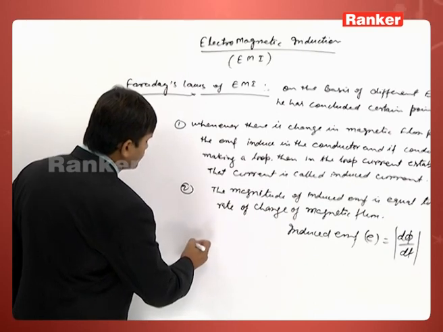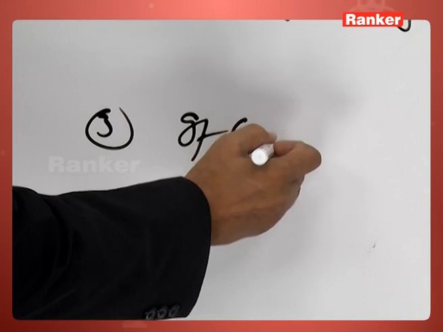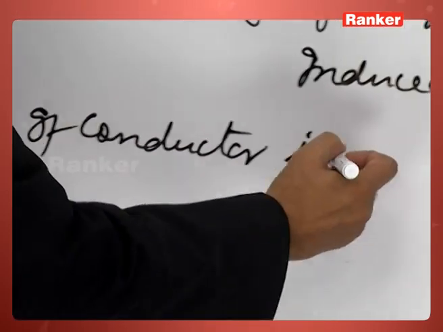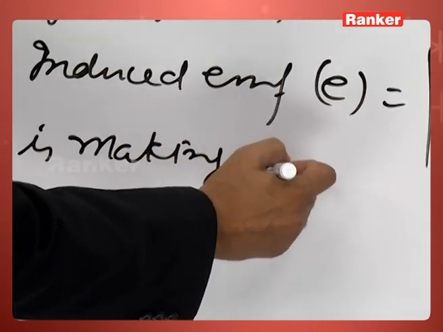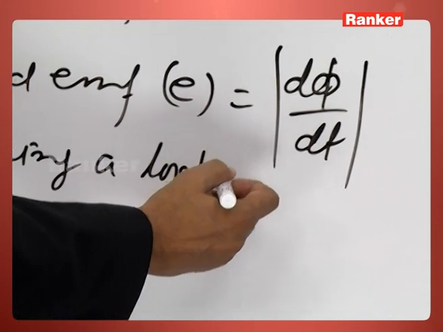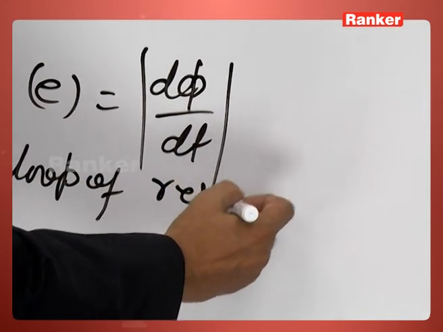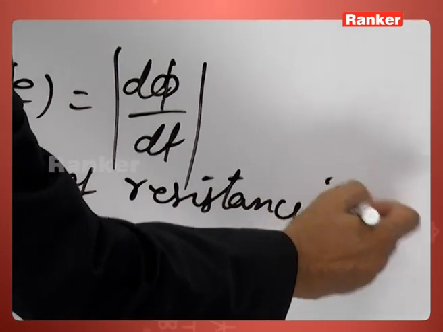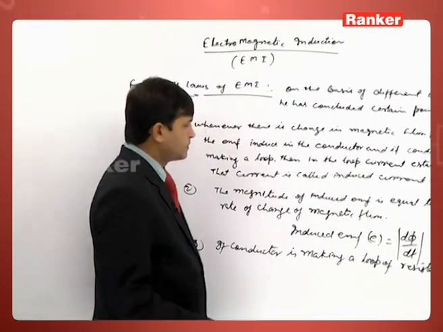Third point: if the conductor is making a loop of resistance R, then current is established in the loop.